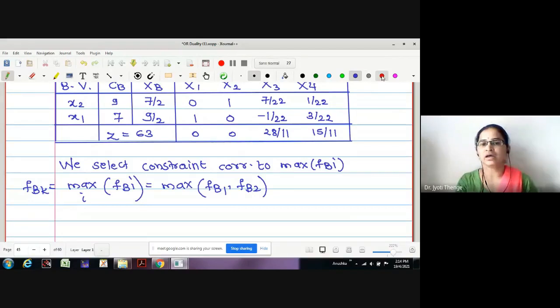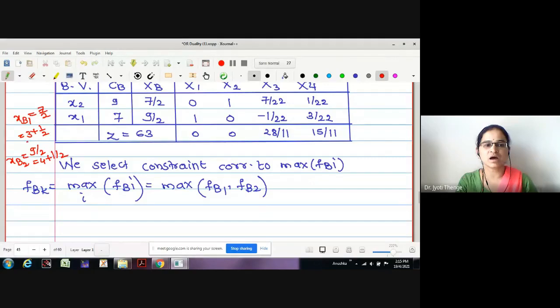The value of the first basic variable XB1 is 7 upon 2, which is 3 plus 1 by 2. And XB2, the value of the second basic variable, is 9 by 2, which is 4 plus half.